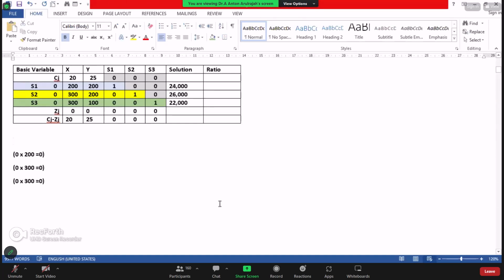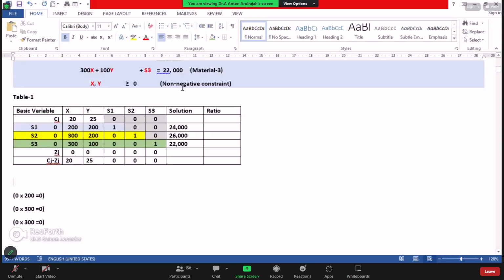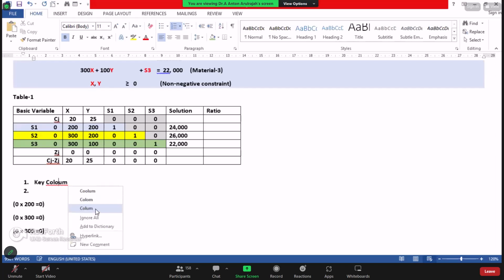Okay. Now we have completed the first table, and also we have to do a checkup. In the first table, there are five things we have to do. First, we have to find the key column. The second one, key row.